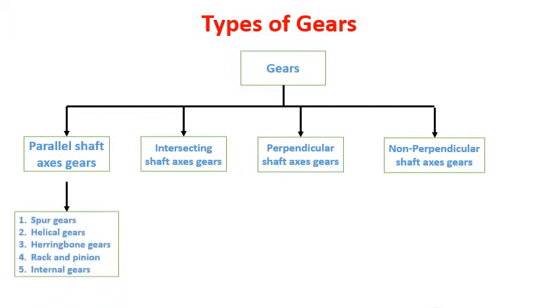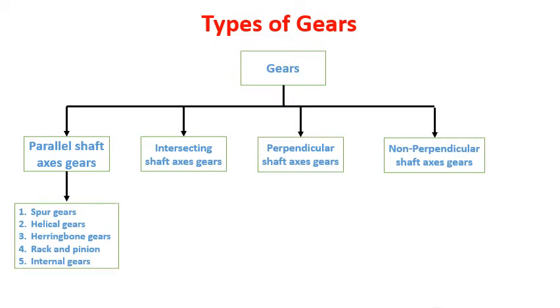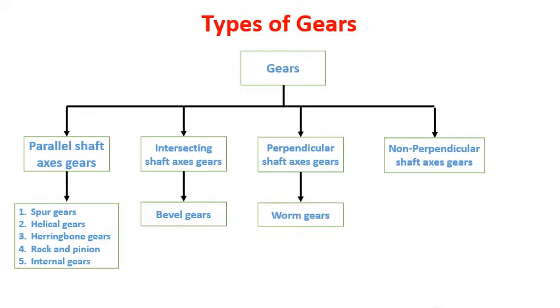Now again, based on parallel shaft axis, there are five important types of gears: spur gears, helical gears, herringbone gears, rack and pinion, and internal gears. Under intersecting shaft axis, one important type is bevel gears. Under perpendicular shaft axis, the gear is worm gear.